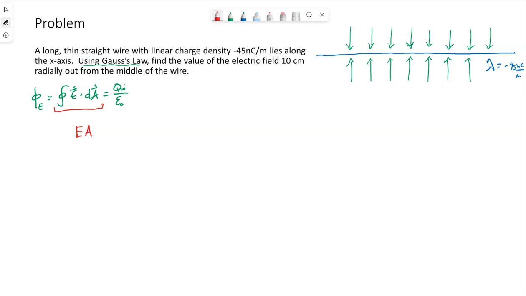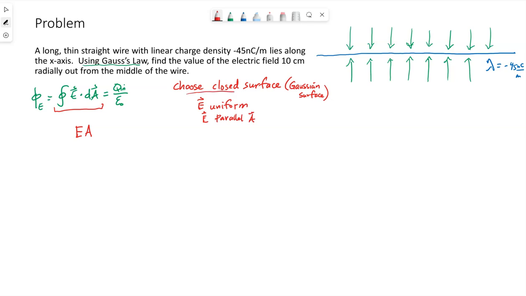We have to make sure we choose a closed surface, which we call a Gaussian surface, such that E is uniform, it has the same value as it passes through the surface, and such that the electric field is parallel to the area vector.